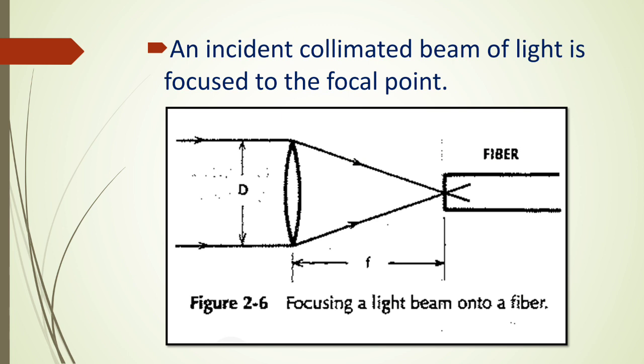An incident collimated beam of light is focused to the focal point by the spherical lens. So the spherical lens is used to focus all the rays of a collimated beam of light to the focal point.